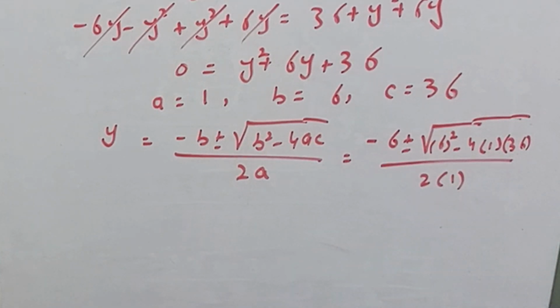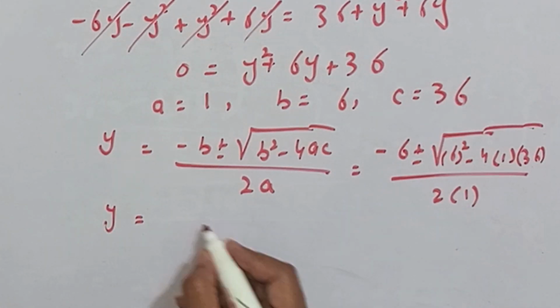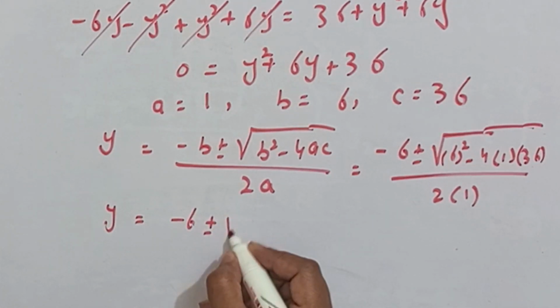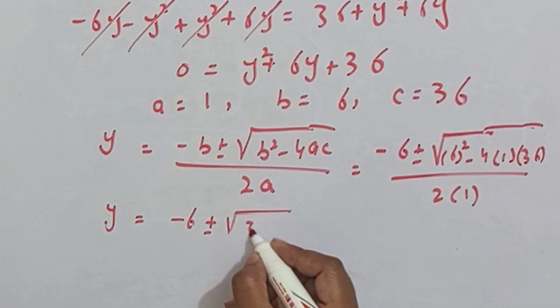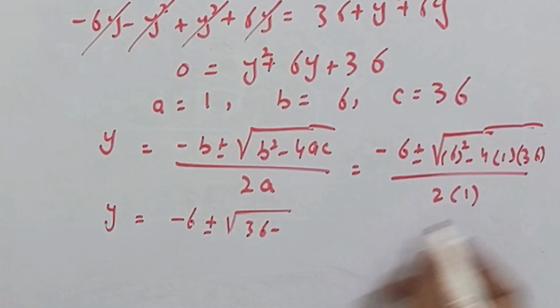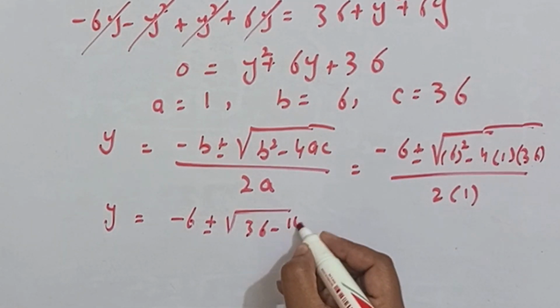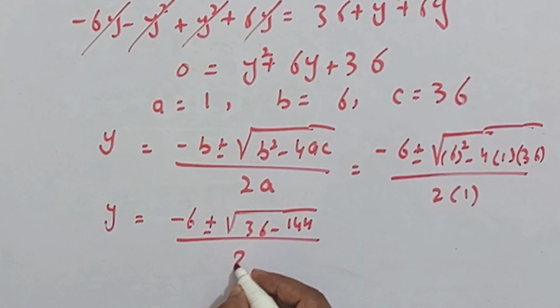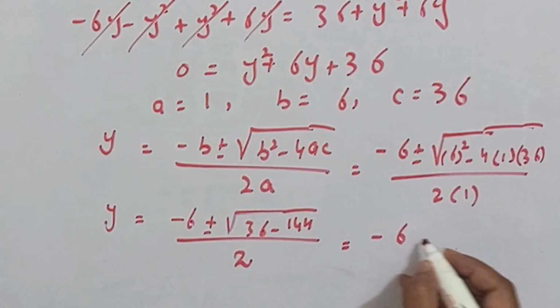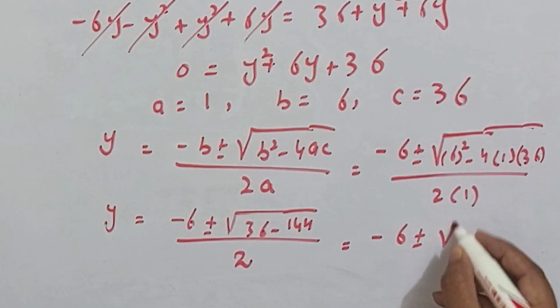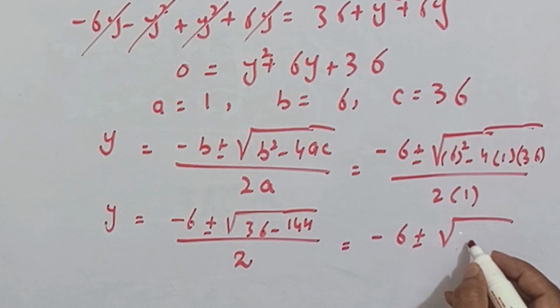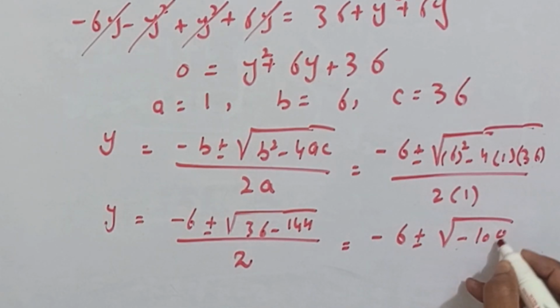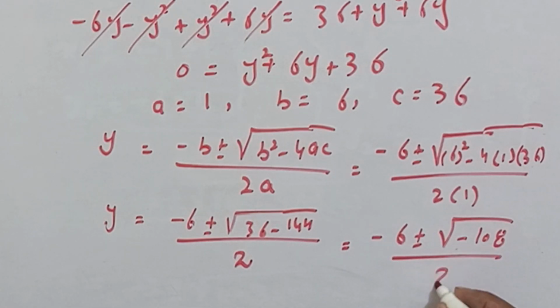Now we simplify this. So y is equal to negative 6, plus or minus square root of 6 square, which is 36, minus 144, over 2 ones are 2. So this is negative 6 plus or minus the square root of negative 108 over 2.